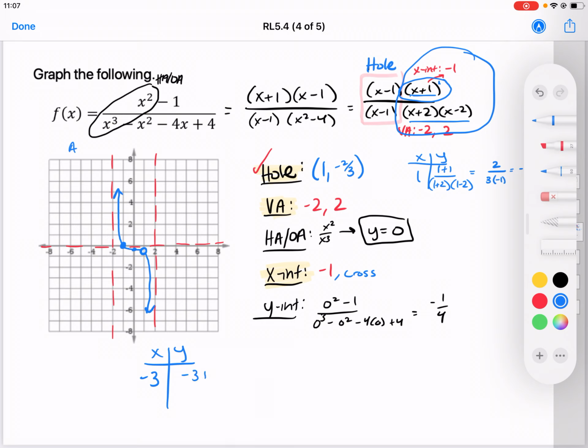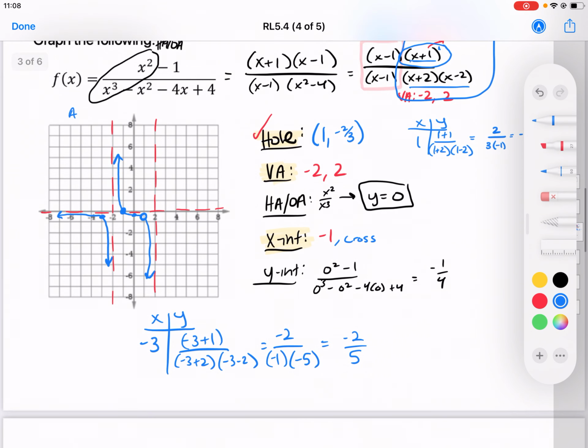So we have negative 3 plus 1 over negative 3 plus 2 and negative 3 minus 2. Negative 3 plus 1 is negative 2, negative 3 plus 2 is negative 1, negative 3 minus 2 is negative 5. So this gives you negative 2 over positive 5. So it's going to be negative 3, negative 2/5, so somewhere around here. I know it's going to be on this bottom half, so I'll just draw a curve on the bottom half.